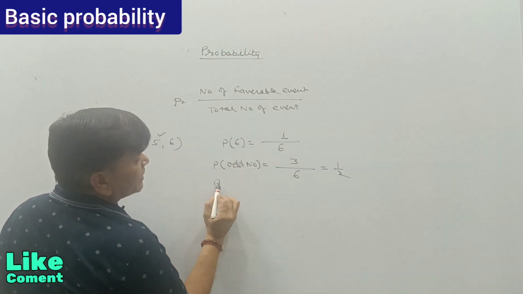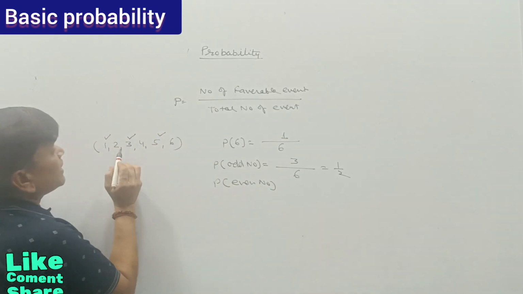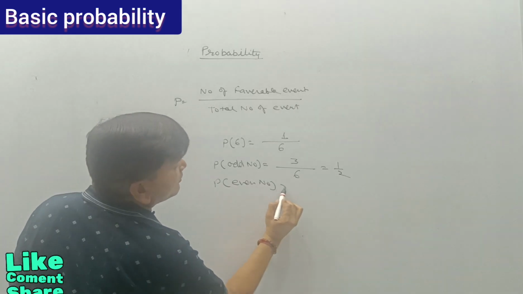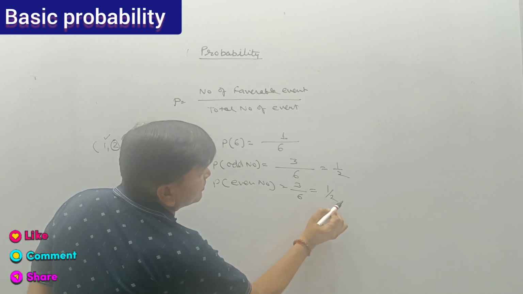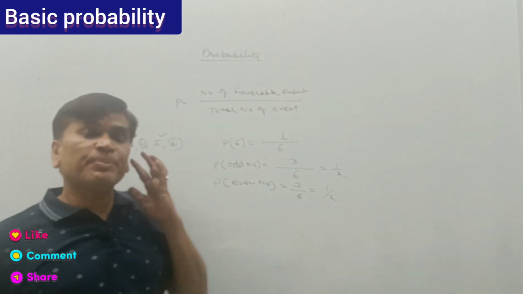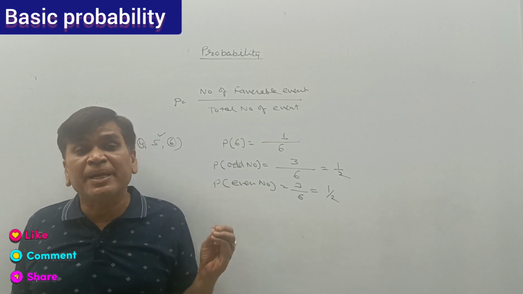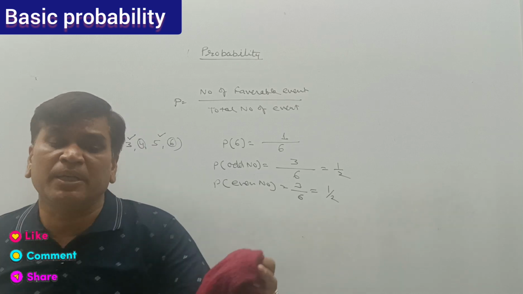If you have to calculate an even number, the even numbers are 2, 4 and 6. So 3 divided by the total number 6, that is 1 by 2. So for getting the probability, we have to divide the number of favorable events by the total number of events.